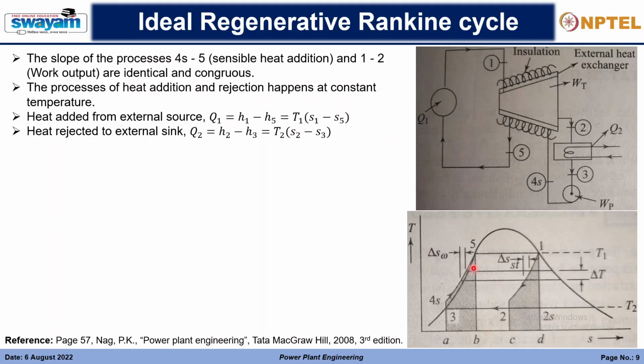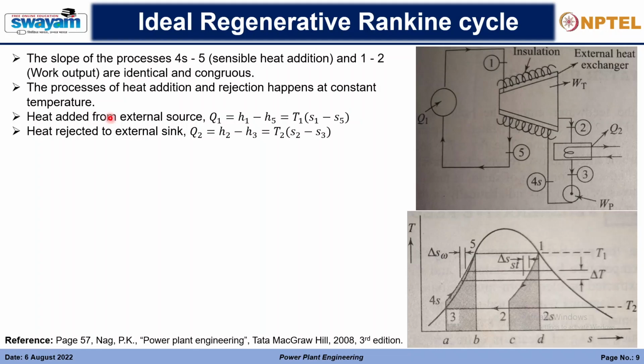Why is that? Here you can see that 1 to 5 is the heat addition process. It is happening at temperature T1, and the 2 to 3 process is heat rejection, and it will happen at temperature T2. So these two are happening at constant temperatures.